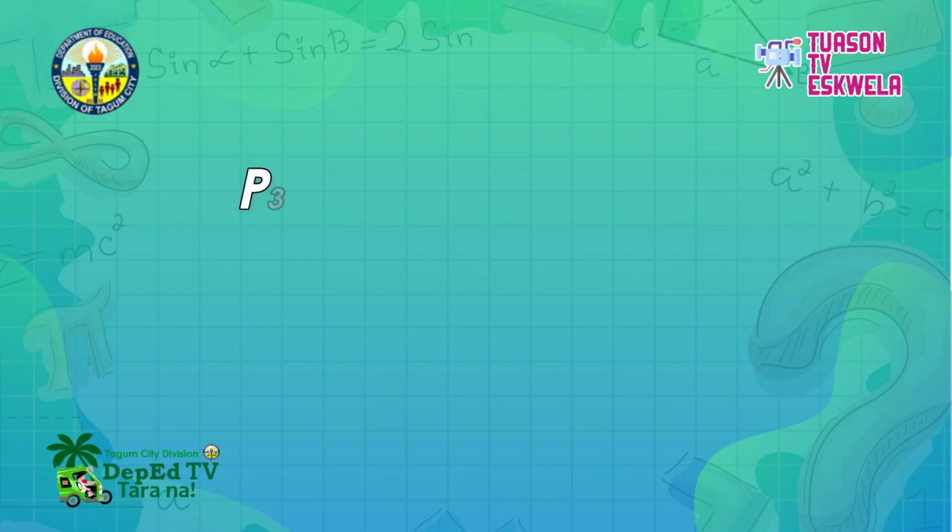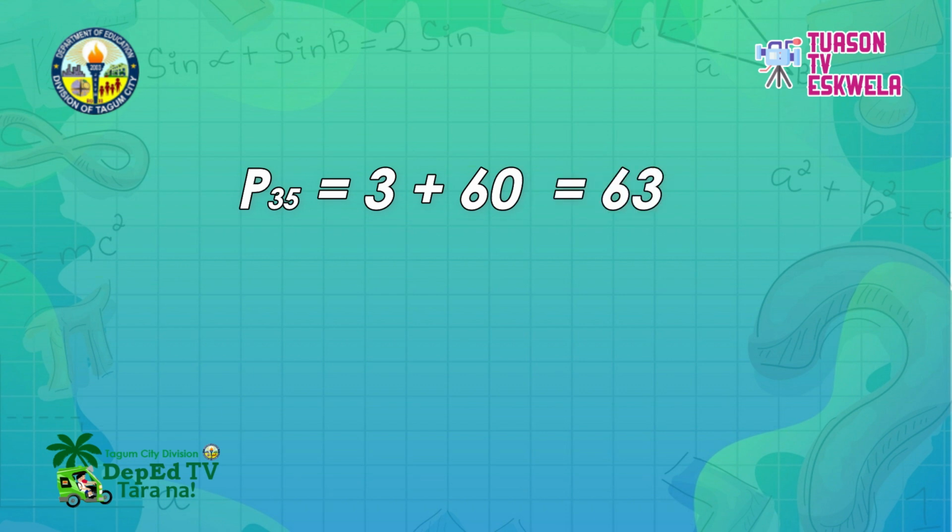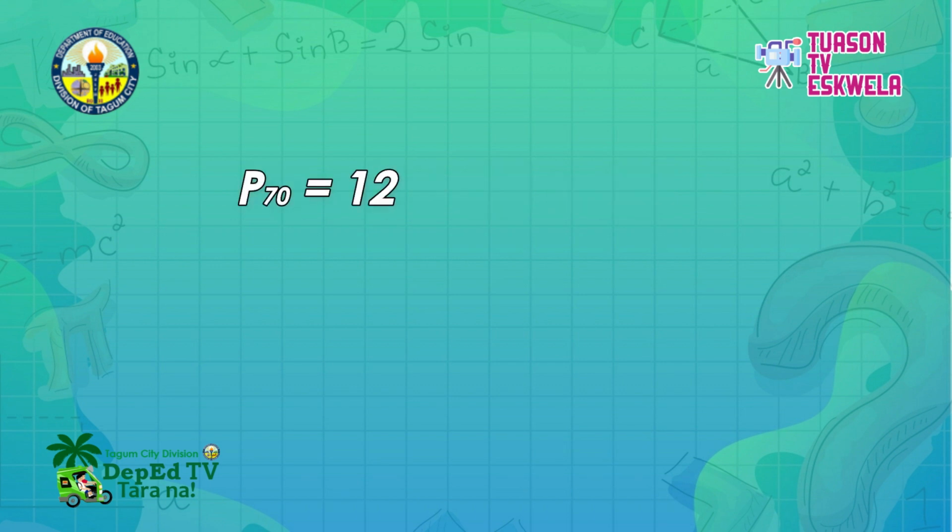Then, P sub 35 is equals to 3 plus 60 is equals to 63. And also for P sub 70 is equals to 12 plus 120, therefore it is 132.